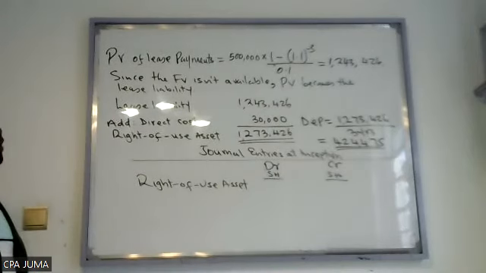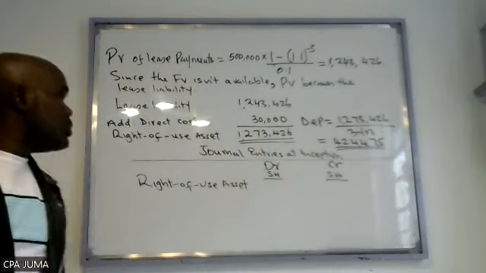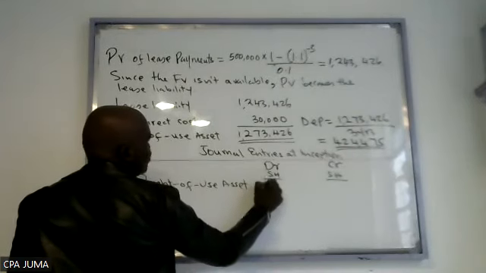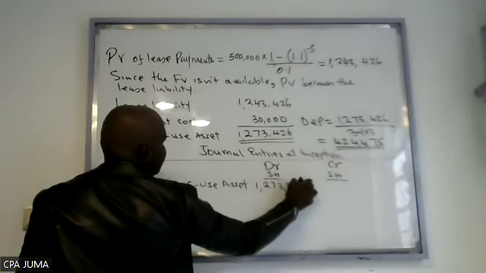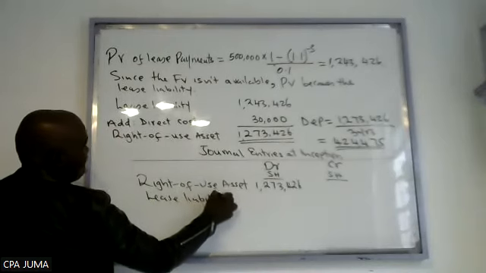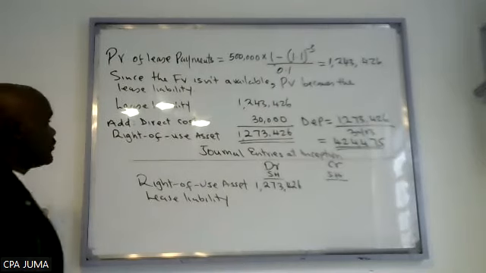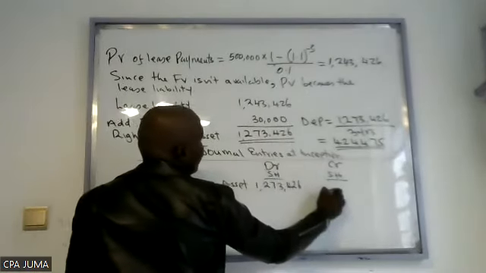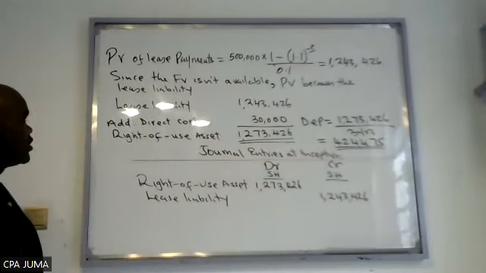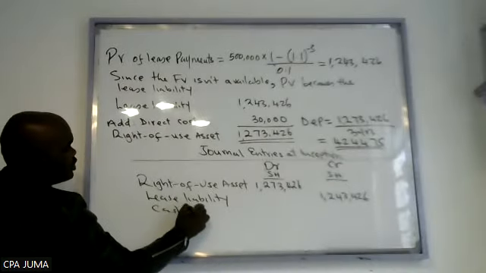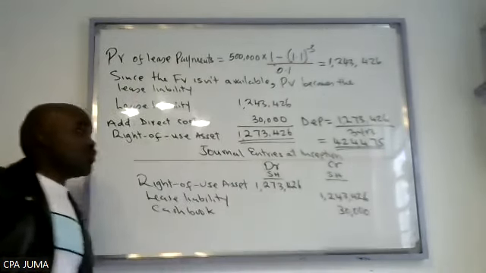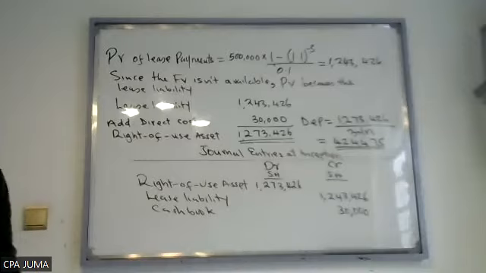I will credit the lease liability, this one here, 1,243,426. We have already paid the direct cost, so I will credit the cash book 30,000. So at inception, those should be the journal entries.